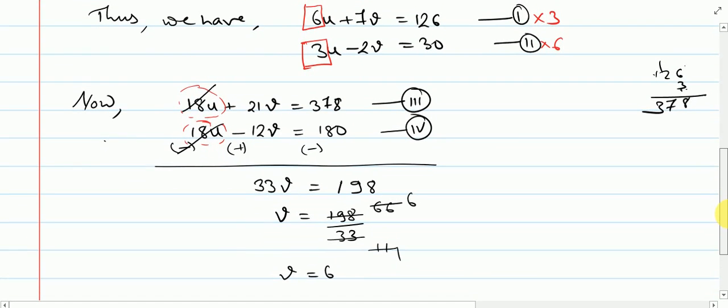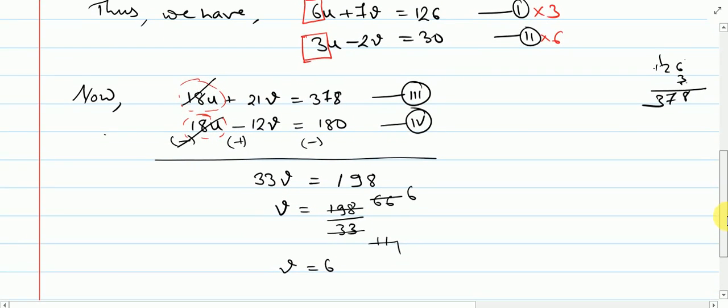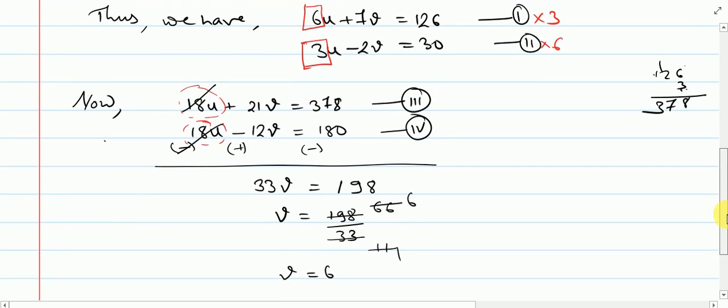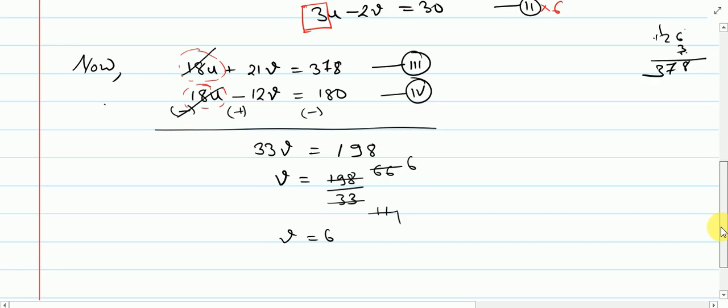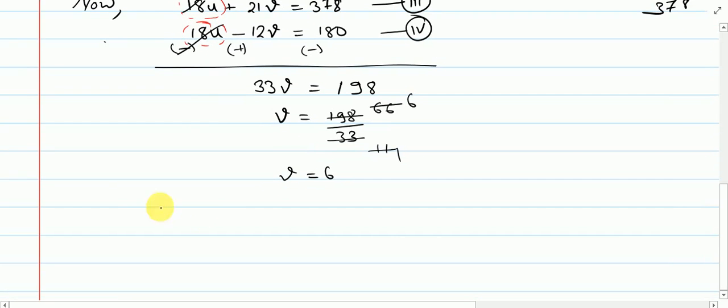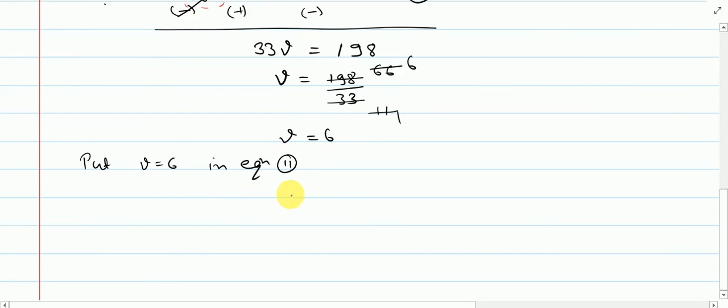Okay, it would be easy to use in equation 2. So we'll use in equation 2, 3u minus 2v. So put v equal to 6 in equation 2. So here we have 3u minus 2v is equal to 30.